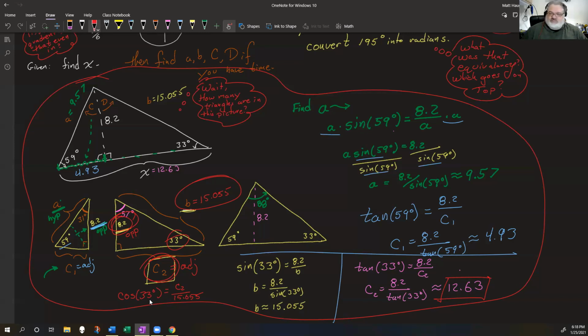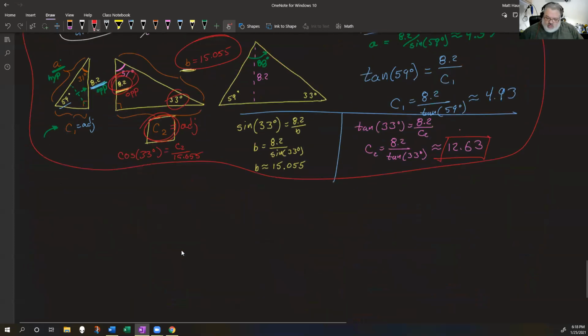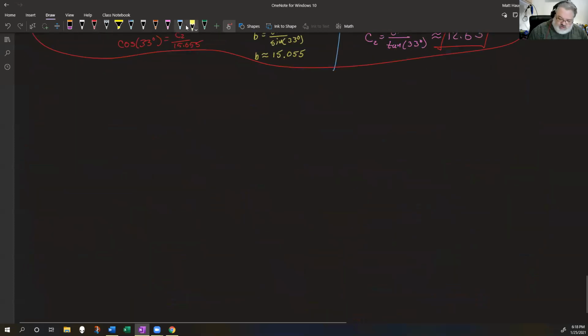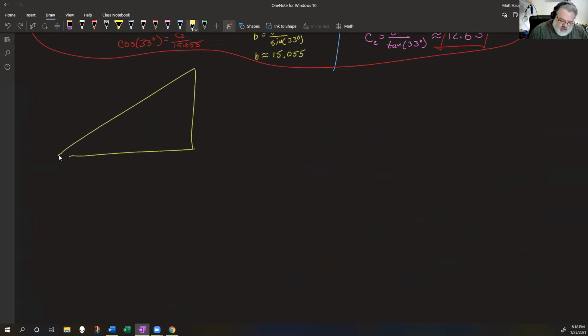Okay, I'm confused on why we have to use certain functions with different angles. Well, this is one of those mean questions, not your question, my question.